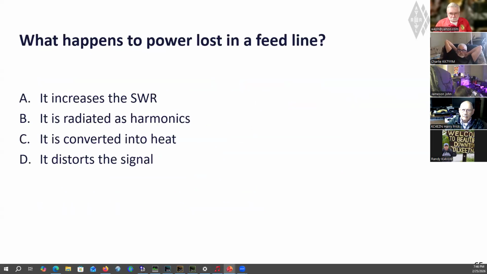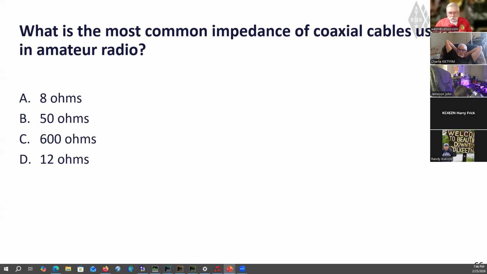Practice questions. What happens to power lost in the feed line? It is converted into heat. What is the most common impedance of coaxial cable used in amateur radio? 50 ohms.